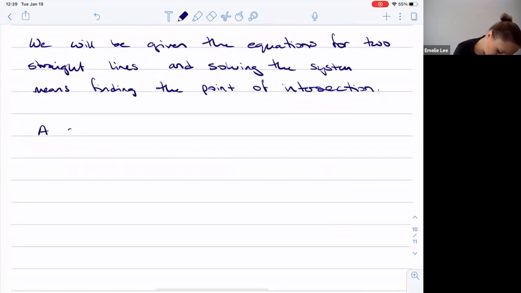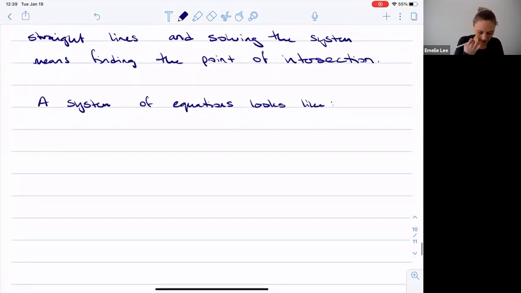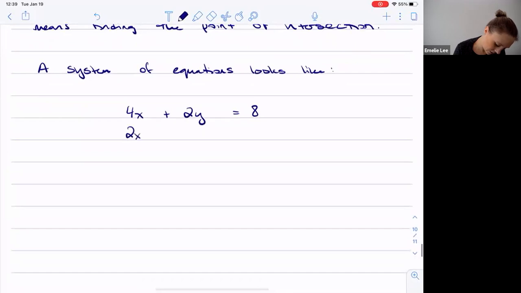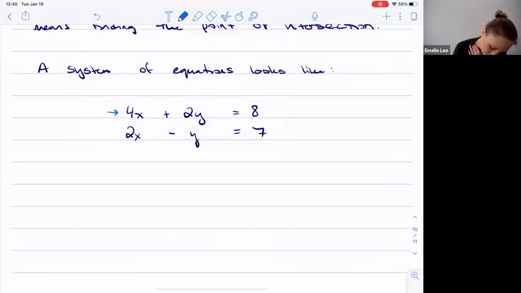So a system of equations looks like this. Something like 4x plus 2y equals 8, and 2x minus y is equal to 7. Okay. So each of these are straight lines, right?